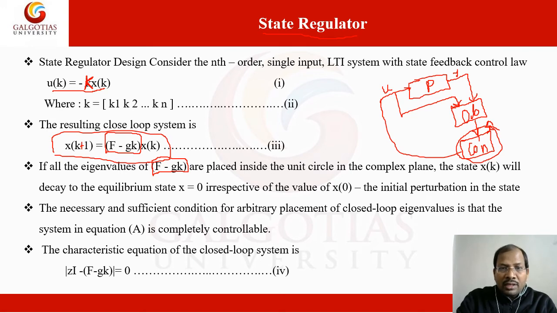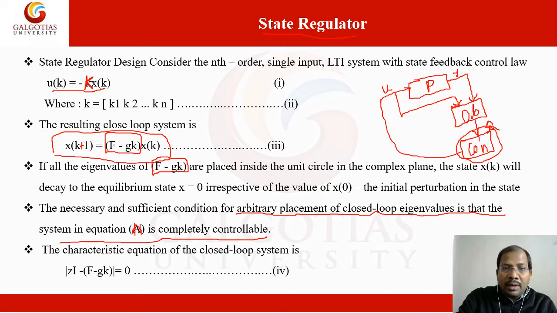So the necessary and sufficient condition for the arbitrary placement of the closed loop eigenvalues is that the system in equation A is completely controllable. Equation A is the first equation given previously, x(k+1) = F xk + G u(k).